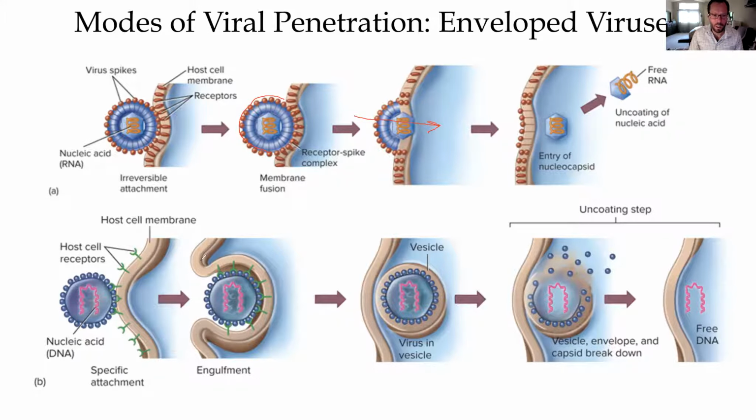Whereas below, you create this endocytosis process, which engulfs it. You have now surrounded it with some of that membrane from the outside of the host cell, and then that will start to break down and release the genome, which will then go typically to the nucleus.